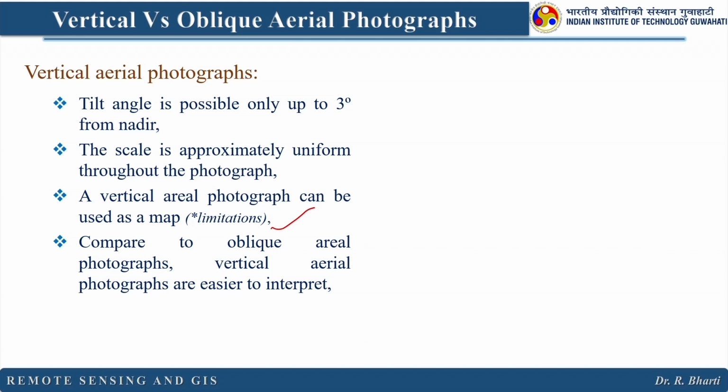So it is relatively easier and a better input for 3D map generation. Once you know more information about your object or your image, the correction is easier and it gives you better 3D output.